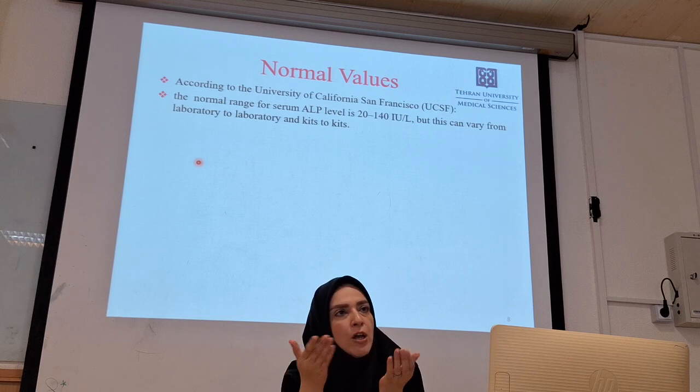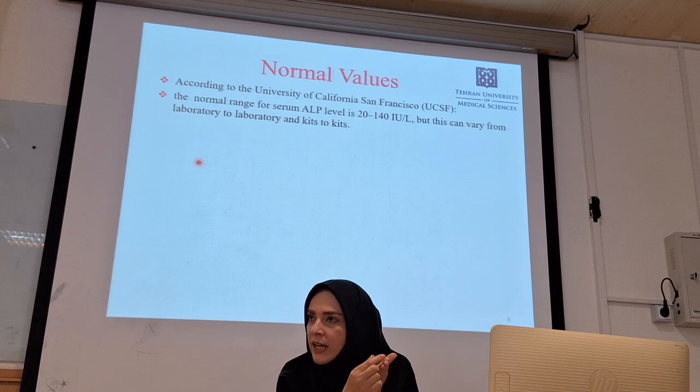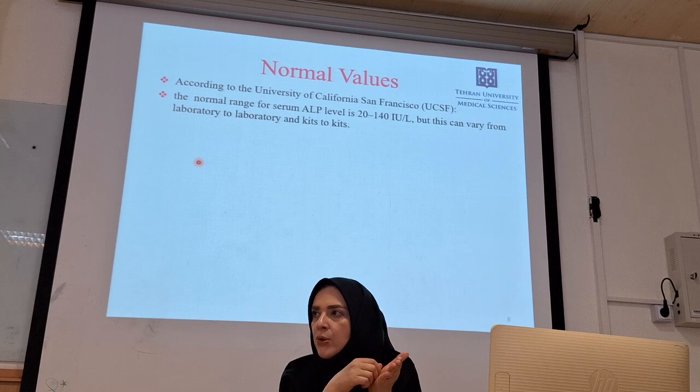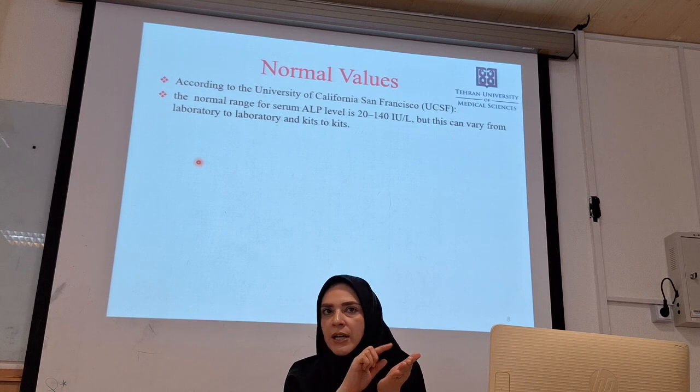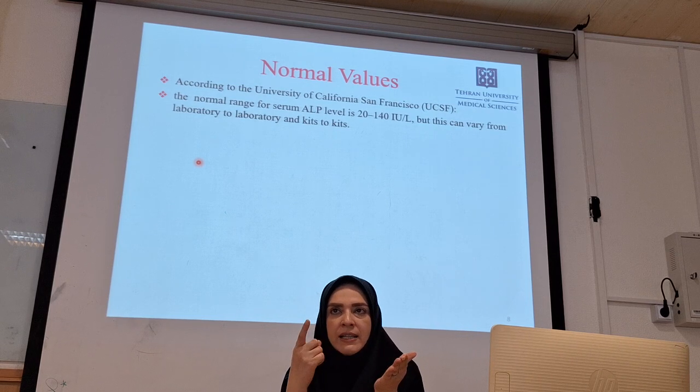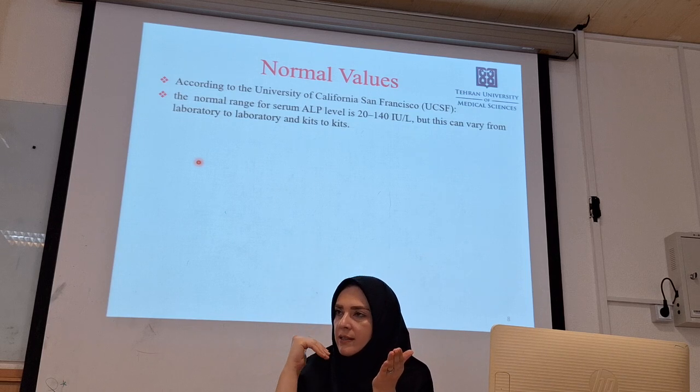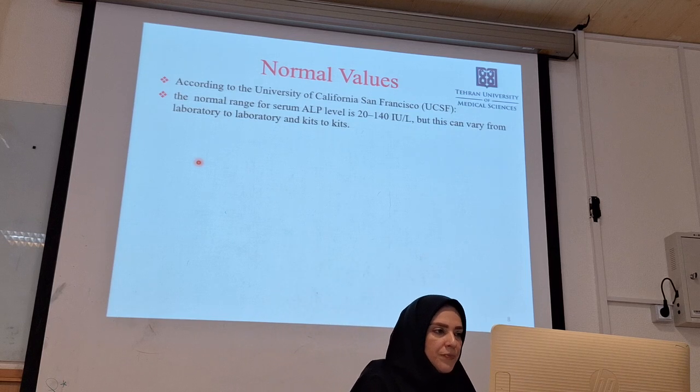All of the time you have a normal range in front of the result. Okay? You can interpret very easily. You can compare with the normal range and guess whether it is higher or lower than the normal range. So normally it is 20 to 100 international units per liter.